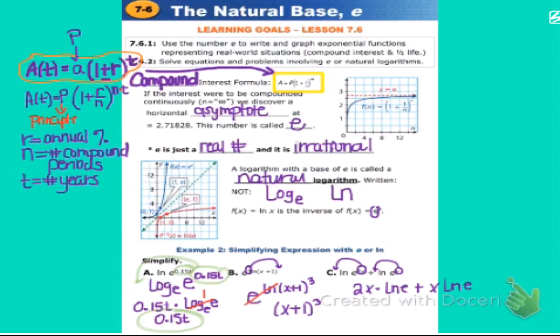Remember that the ln of e, the natural log of e, really means it's log base e of e, and that is always going to be equal to 1. So these both equal 1, and all that remains is just 2x plus x, which makes 3x. So there are some examples of ways we could use our log properties to simplify expressions with e or the natural log ln. Let's go ahead and turn the page.